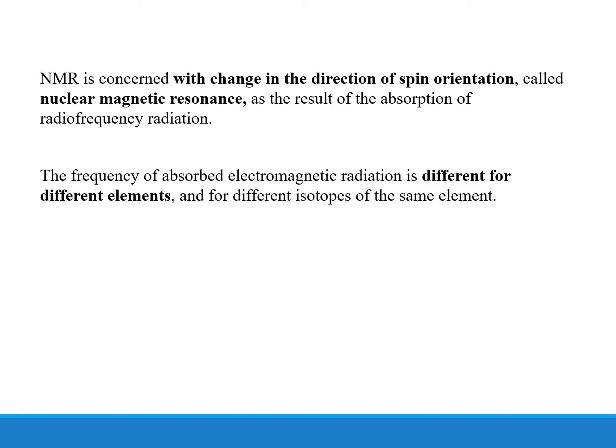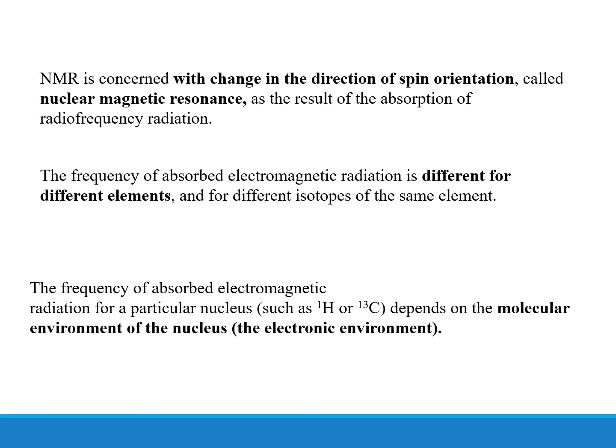Thus, NMR mainly focuses on the change in the direction of the spin orientation, which we also refer to as nuclear magnetic resonance, which happens in response to radio frequency radiation.